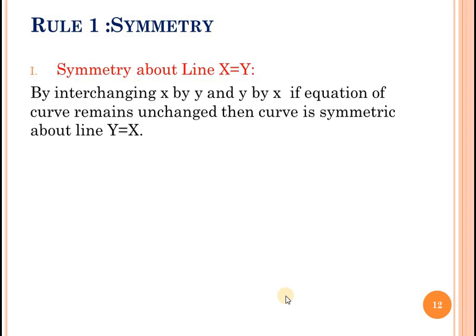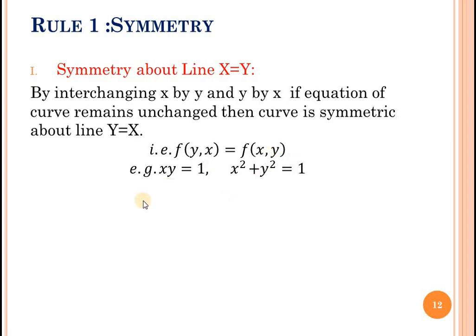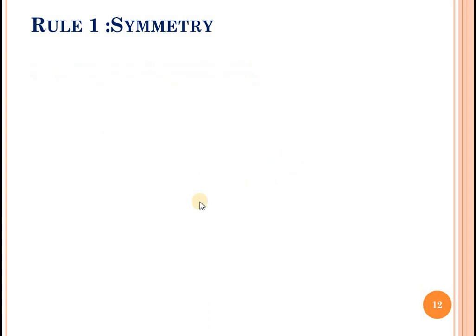Now next, symmetry about the line x is equal to y. If I interchange x and y, and the equation of the curve remains unchanged, then the curve is symmetric about the line y is equal to x. See here xy is equal to 1 or the circle x square plus y square is equal to 1.